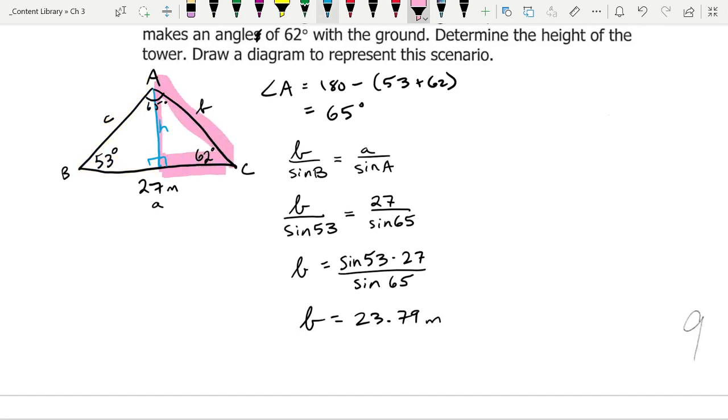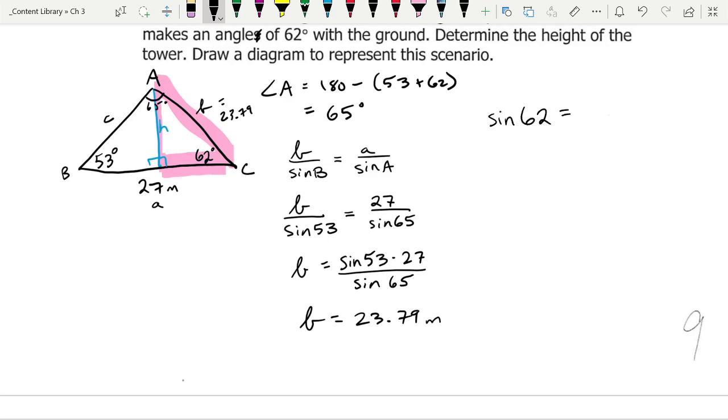In that pink triangle, this height is opposite 62, and this b that I just found, right, this b is 23.79. That's a hypotenuse. So which one is opposite hypotenuse? Sine.